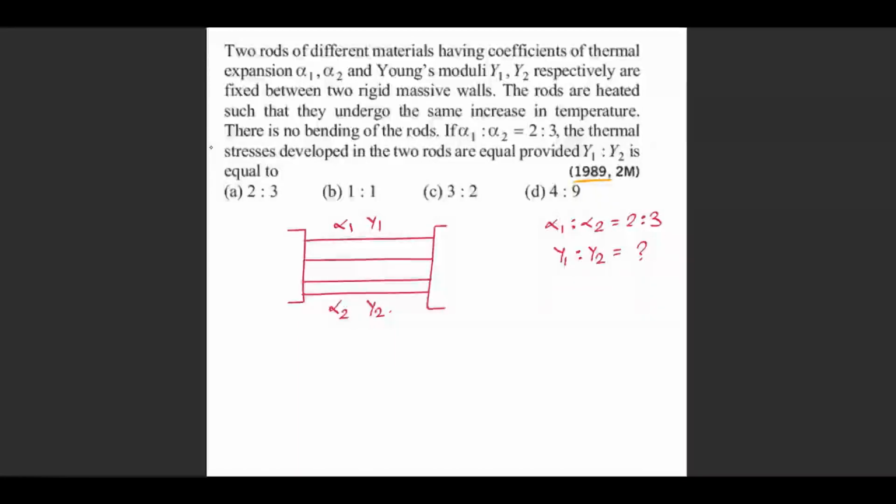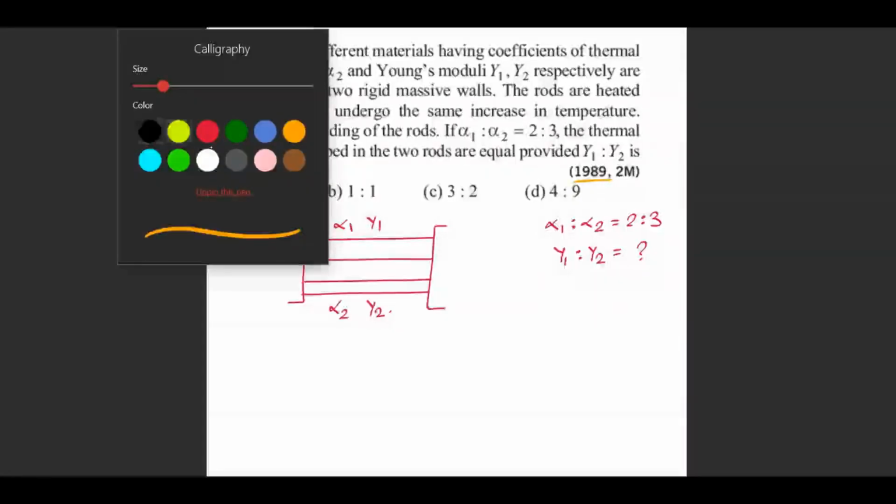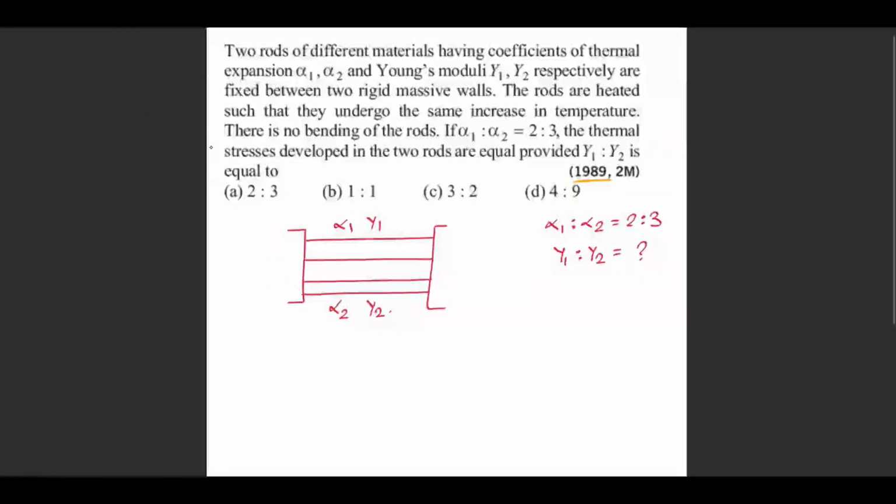Now I have already dealt in my topic of thermal stress that stress can be written as, this will be the stress developed.